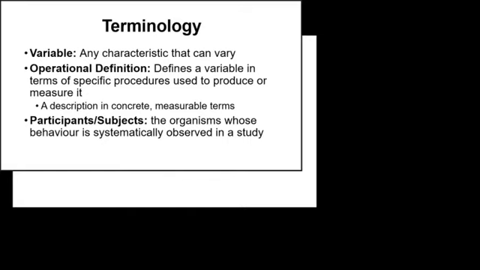When we're talking about setting up our design, we've already said that we've done this, but we didn't name it at the time. And this is giving things operational definitions. So an operational definition is really important because it's going to define your variable not just as something generic like an emotion, but it's going to define it in terms of the specific procedures that are used to produce and measure it.